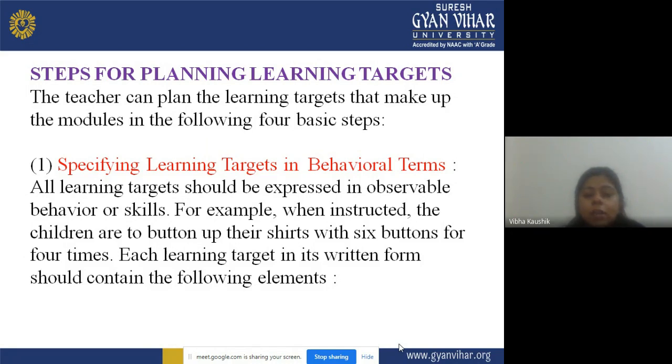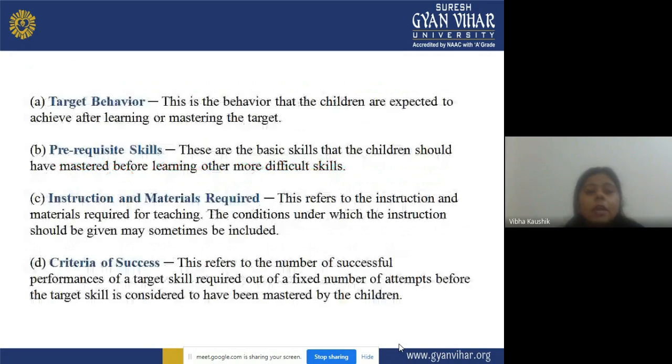Each learning target in its written form should contain the following elements. A. Target behavior. This is the behavior that the children are expected to achieve in the target, meaning the type of behavior that children are expected to achieve after learning or mastering a particular subject or topic. B. Prerequisite skill.